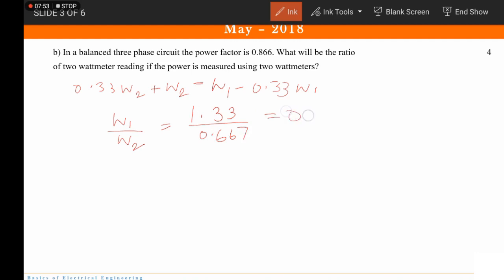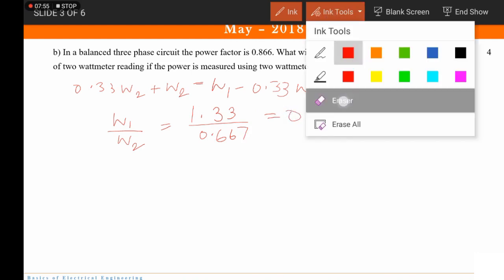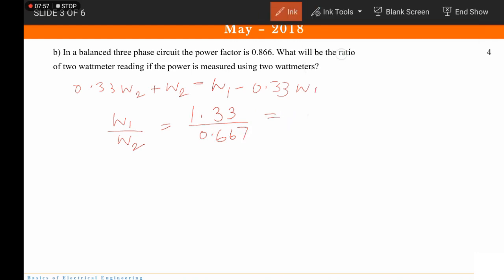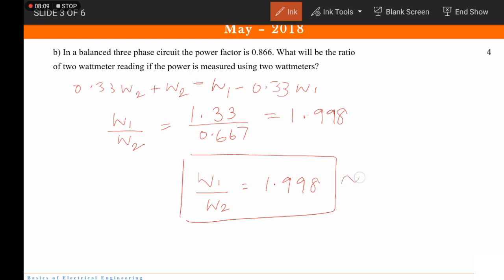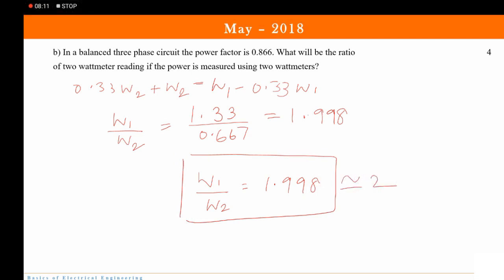Okay, so this comes out to be 1.998. So the answer is W1 by W2 is 1.998. This is the ratio, which can be approximately equal to 2.